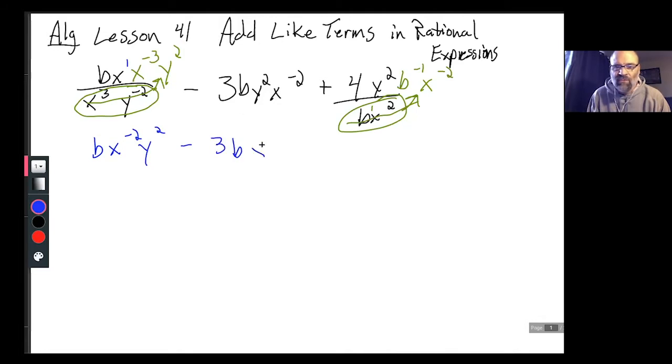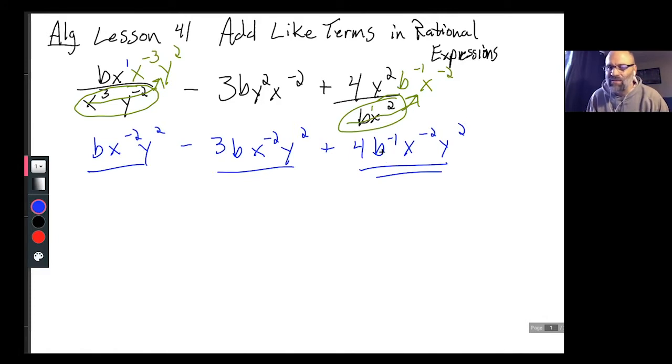I'm going to write it in alphabetical order because you can see that there's some likeness there. And this is the only one that doesn't work, unfortunately. B to the -1, x to the -2, y squared. So this was almost a like term, but not quite, right?